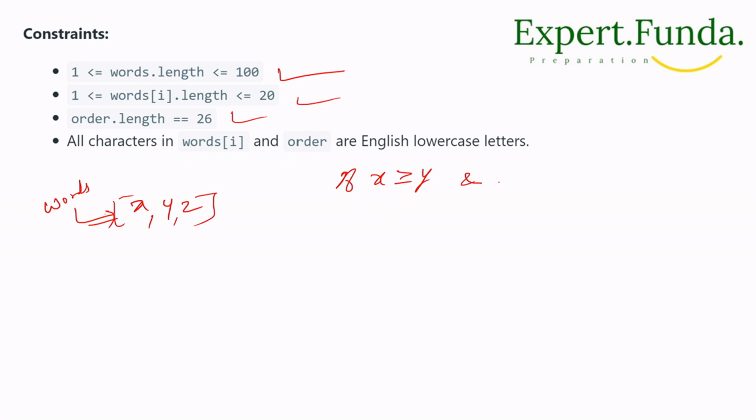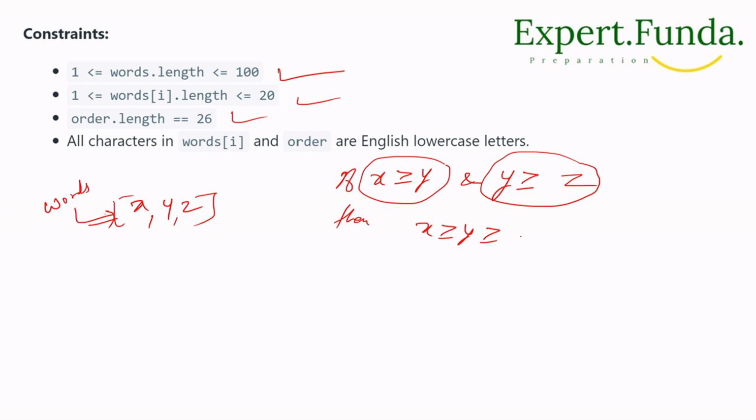And we will also check if y is greater than or equal to z, correct? If x is greater than or equal to y, and y is greater than or equal to z, then what does it mean? It means we can say x is greater than or equal to y, and y is greater than or equal to z, right? Then we can say this is sorted, the given words are sorted.